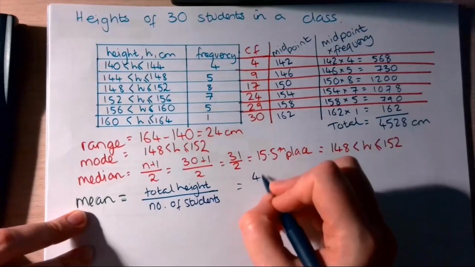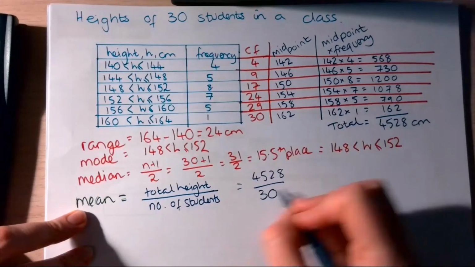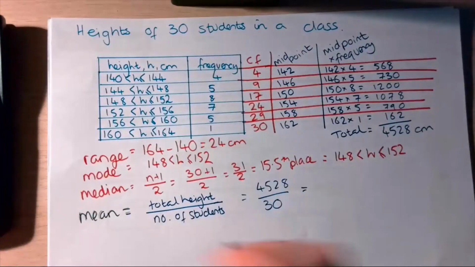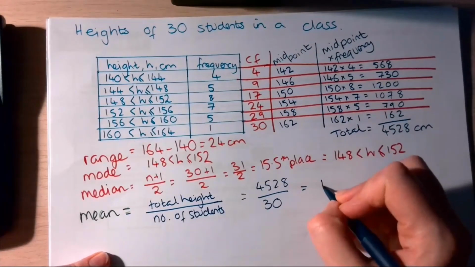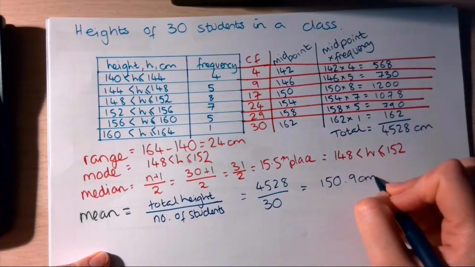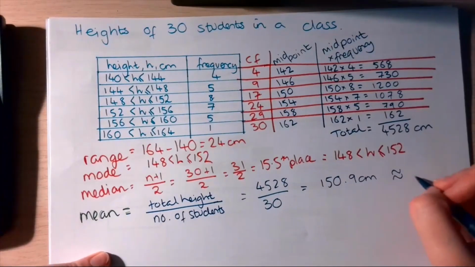So 4528 divided by 30 students. Okay, also told that up there. Tells us that the mean is 150.9 centimetres, or if you wanted to go to the nearest centimetre, 151 centimetres.